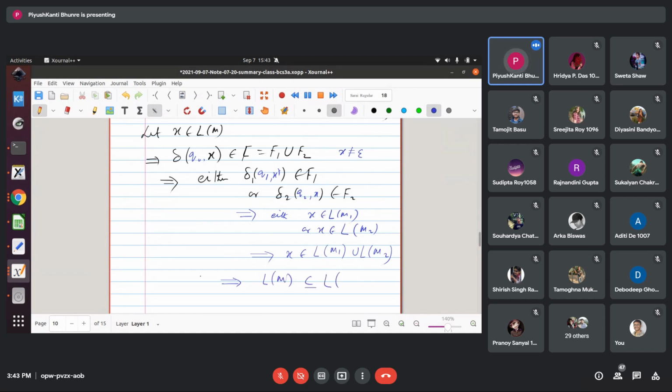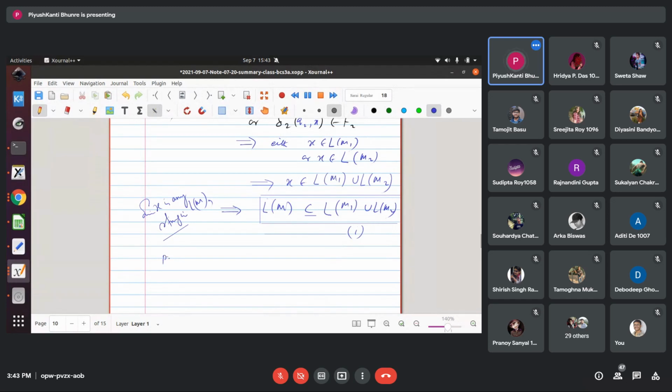Since X is any string in L(M), this one I have proved for you. The second part you should prove for yourself. So part one is proved for you.